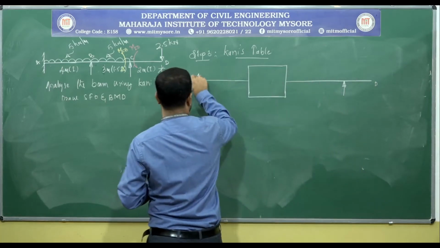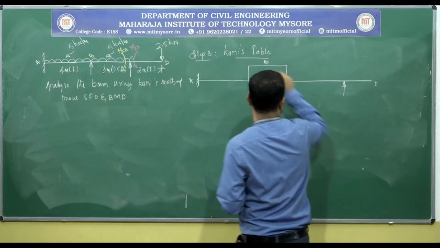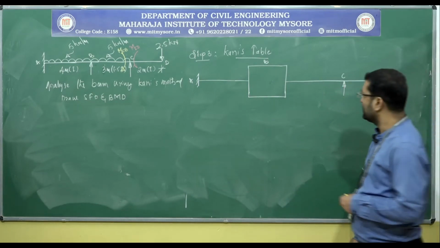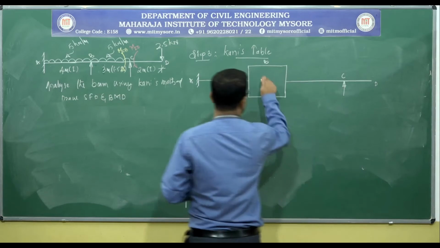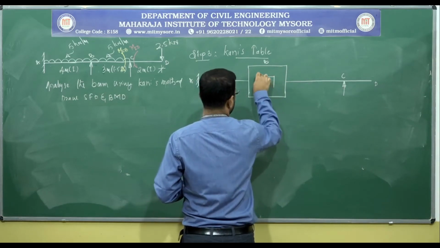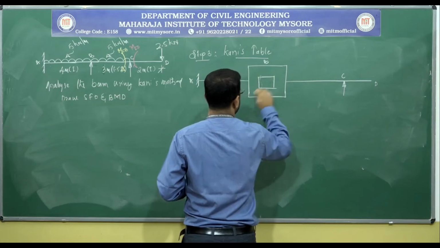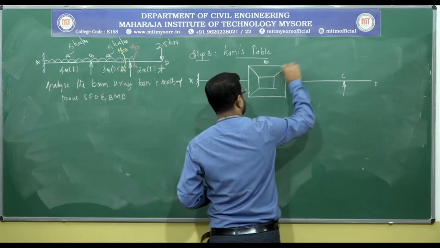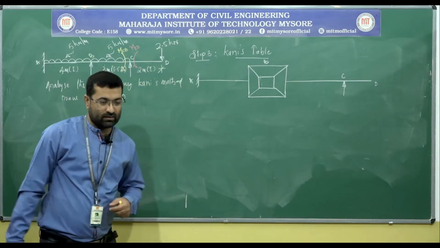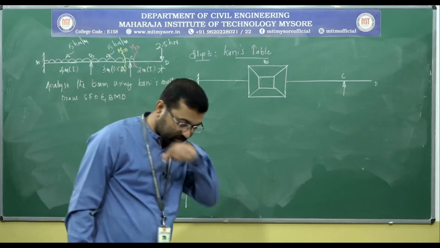So this is support A, this is support B, this is support C, and this is the overhanging portion D. So here we need to write one more box. Okay, join these diagonals. This is how Kani has given the table.